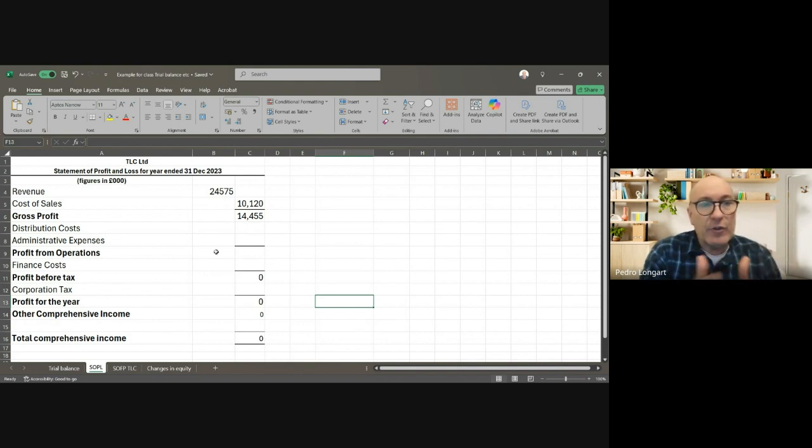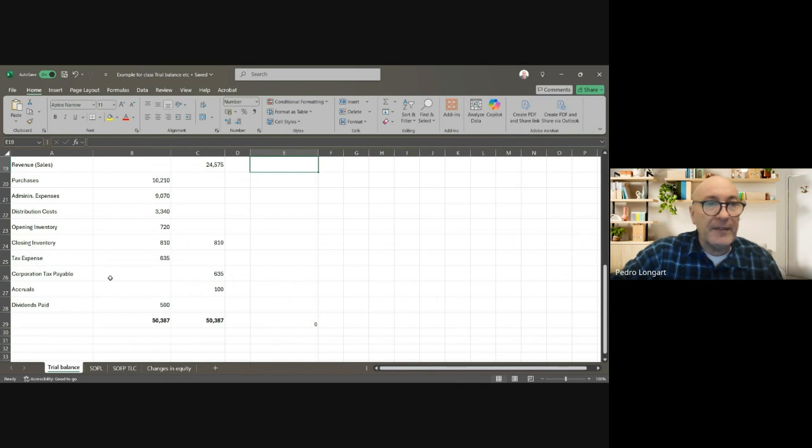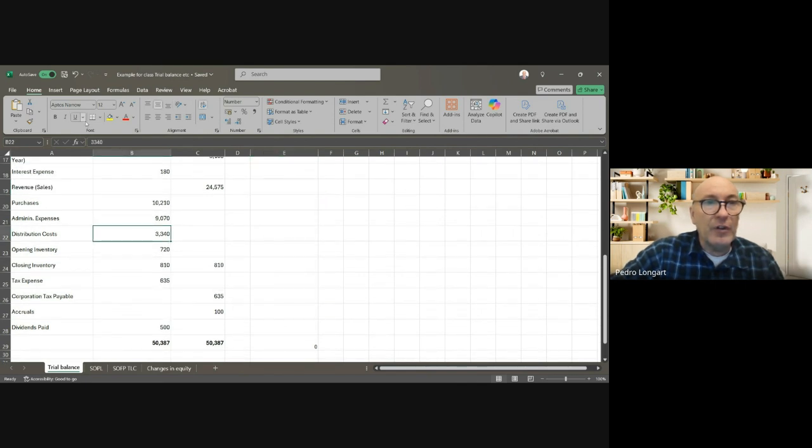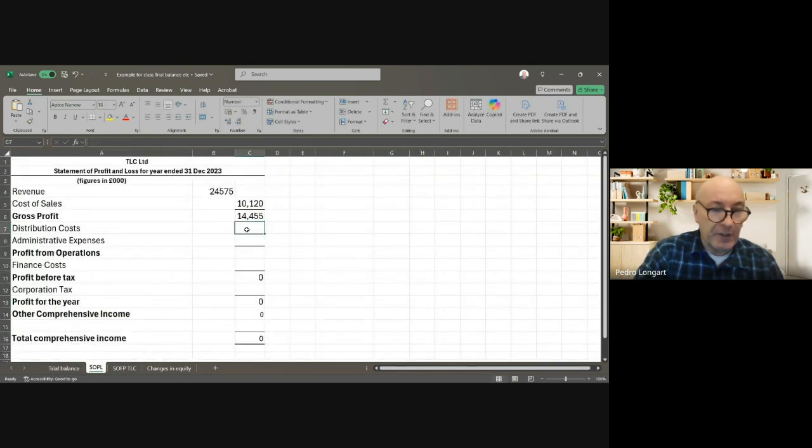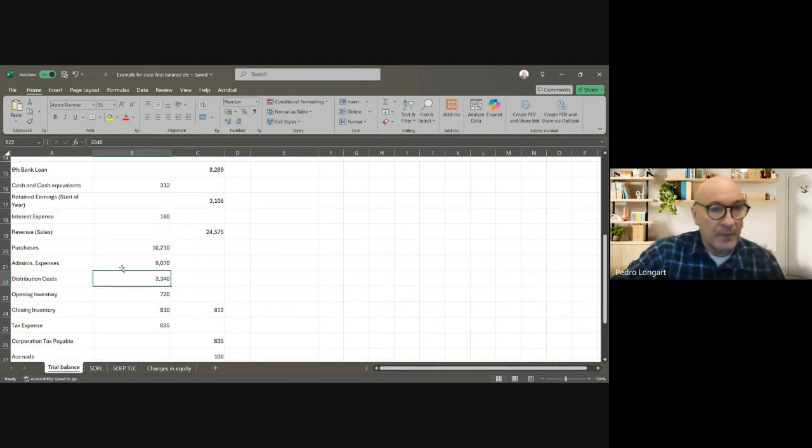So let's now simply calculate. Look at the distribution cost, go to the trial balance, and find that the distribution cost is 3340. You simply copy and paste the value here, 3340, and the administrative expenses, which are 9070, put them here.